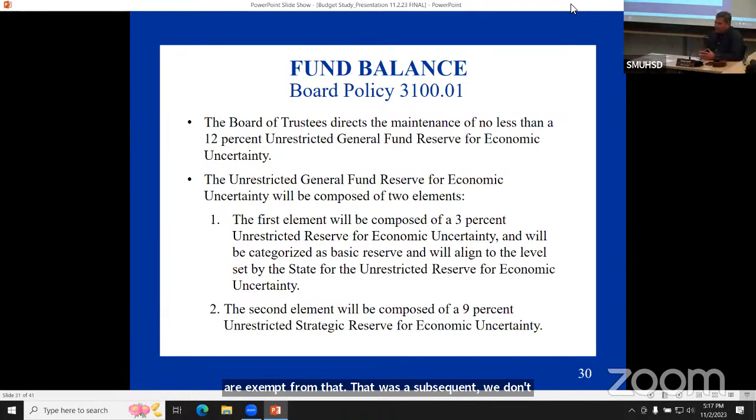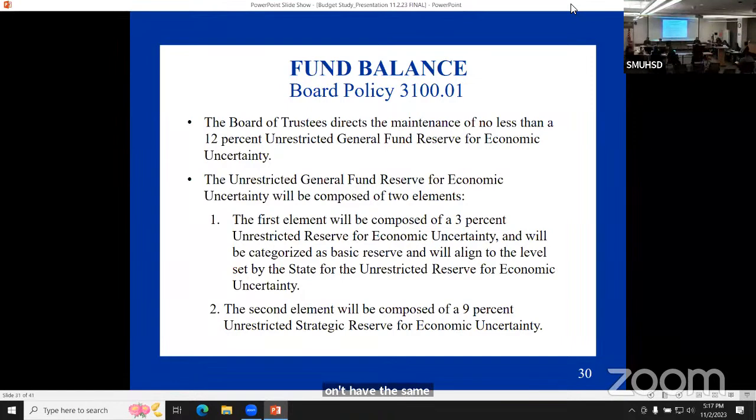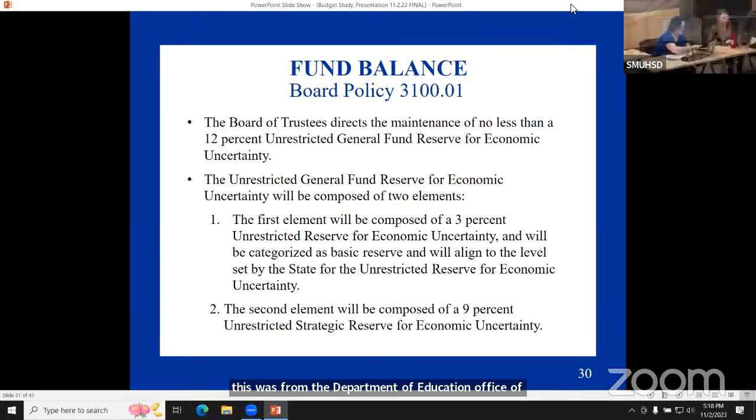So this letter, if I could just mention, was from the Department of Education, Office of Tony Thurman. This is dated March 1st, 2023. It's a cap on the reserves, including both reserves. This is what we were talking about: the restricted and unrestricted cannot exceed 10%.